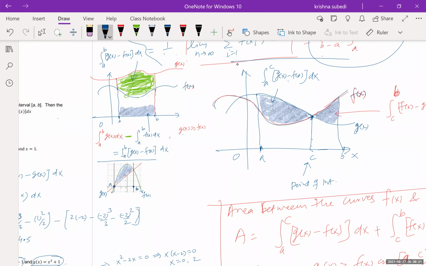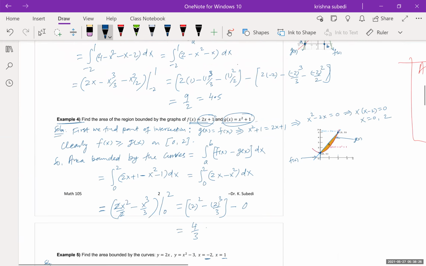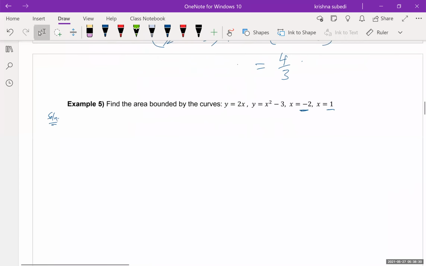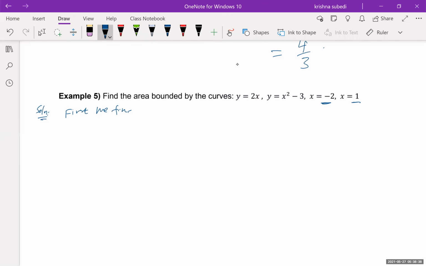So therefore, always find point of intersection. Okay, first we find point of intersection.